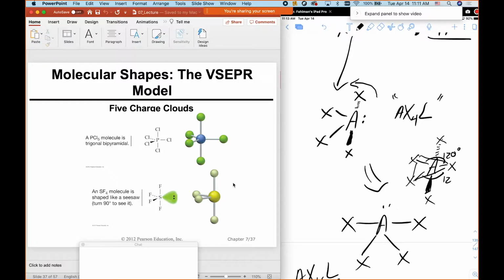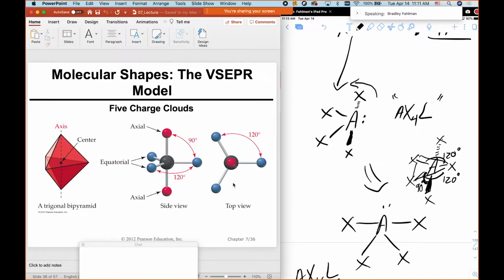Okay, so it's like you have a trigonal planar unit, like we talked about yesterday. So those are all 120. And then between the page or your computer screen and the one coming out at you, that's 90 degrees. So all these are 120, and then this angle here and this here, this is 90 degrees.